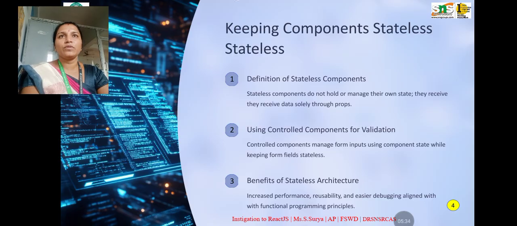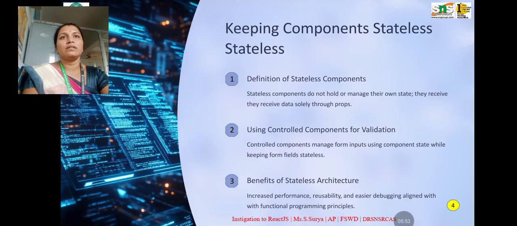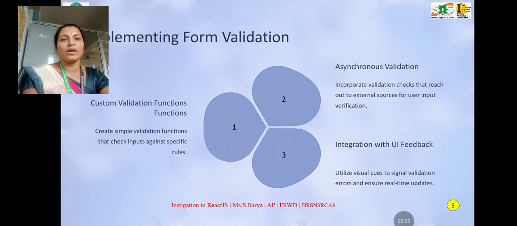Now we are going to see about handling submit and disabling buttons. The submit button is disabled unless the form is valid. Finally, we are going to see the best practices: use controlled components, real-time errors, and regex libraries. And we add aria-invalid with proper labels.